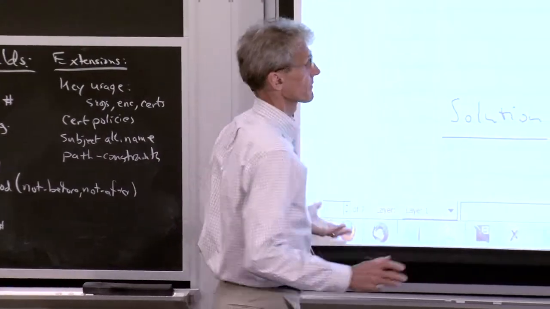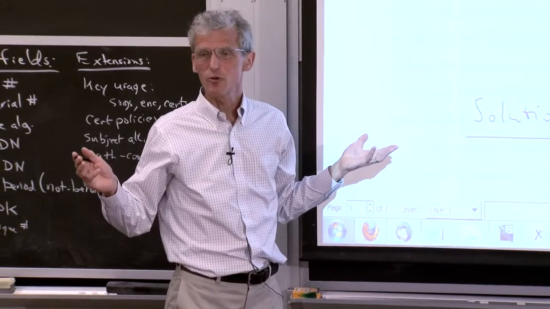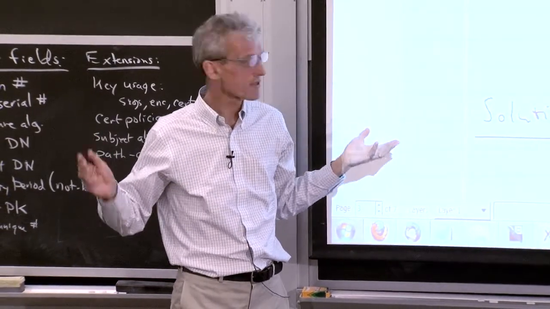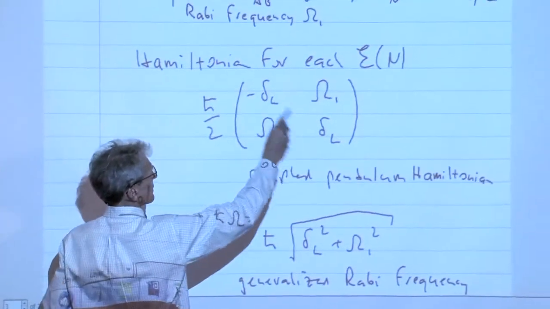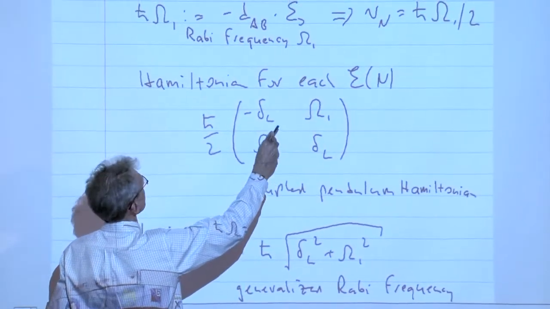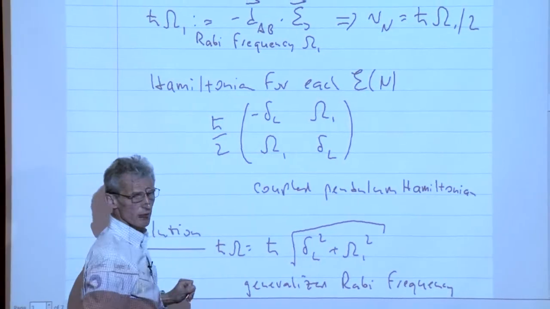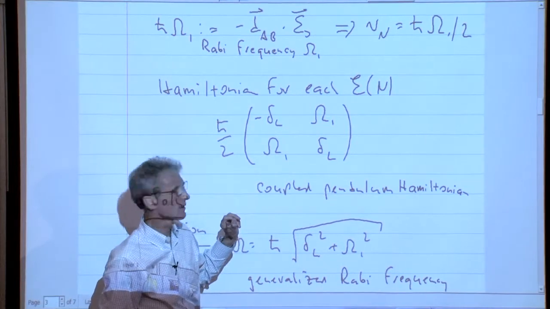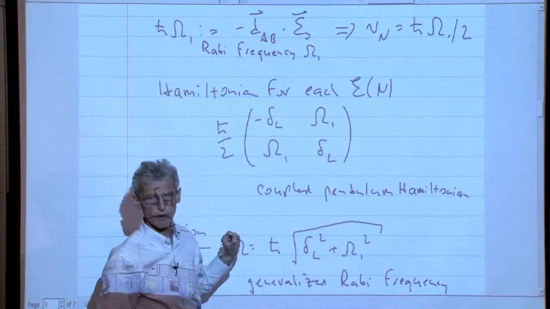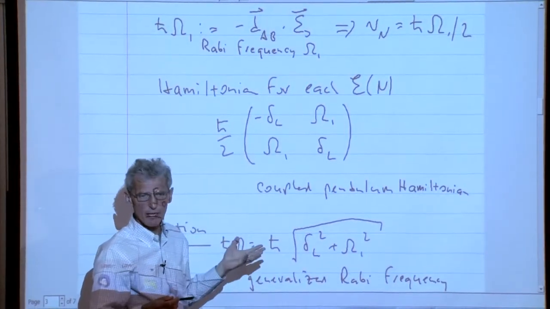And now, I promised you, we go back to a 2x2 matrix, which we have seen many times. It's a two-level system. We have the detuning. We are in the rotating frame. So that means the ground and excited state with n and n minus 1 photons have the same energy.